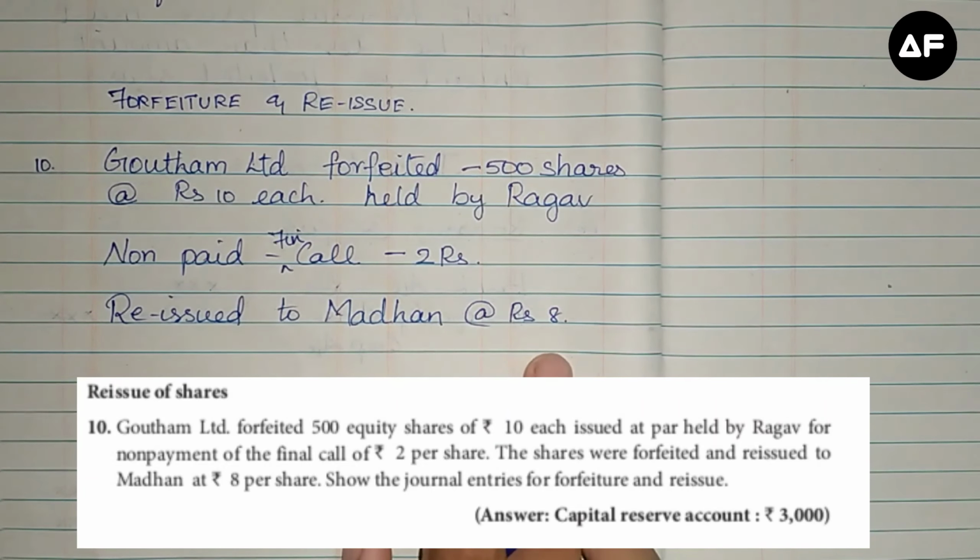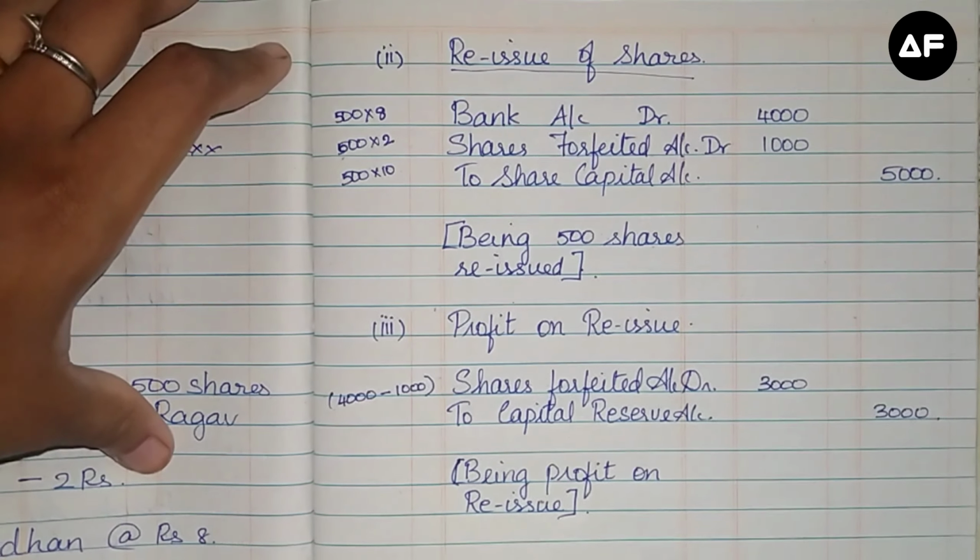For that, we give a capital reserve journal entry. The entry for profit on reissue is Shares Forfeited Account debit to Capital Reserve: 4,000 forfeited minus 1,000 of shares forfeited entered in the reissue is 3,000 rupees as a profit on reissuing the shares.